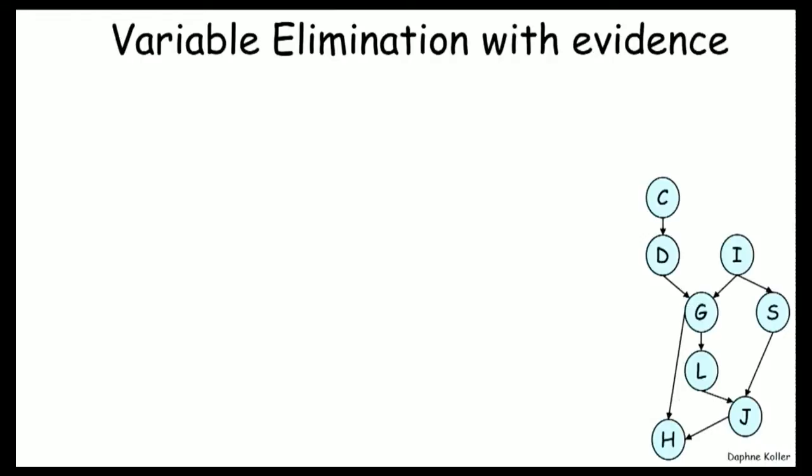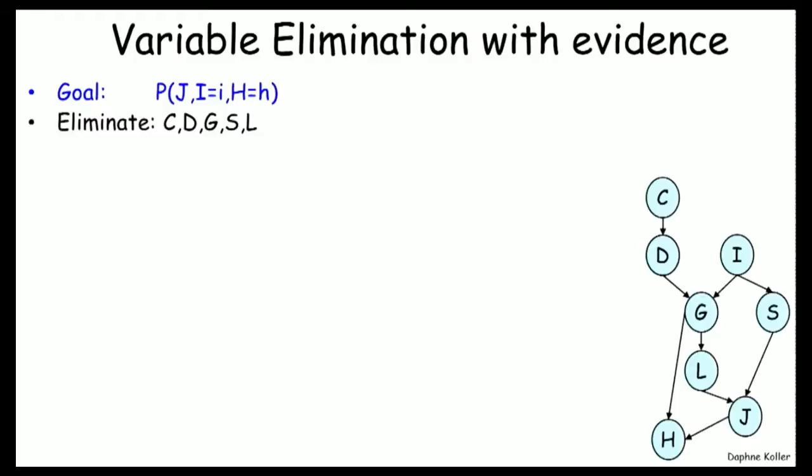What about variable elimination with evidence? Well, we've already basically established how to deal with evidence. If we're interested in, for example, solving the query probability of J, comma I equals little i, comma H equals little h, the way in which we do that is by computing the probability of the joint event, J, comma I equals little i, comma H equals little h.